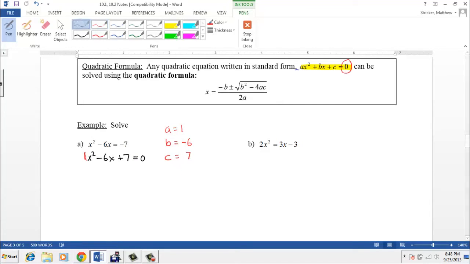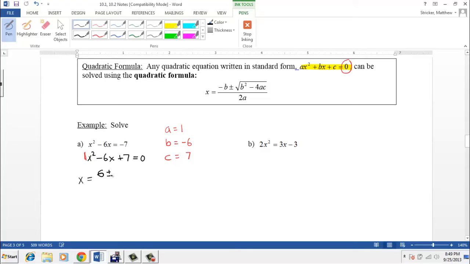And so what we do is we just take these three numbers and plug them into our formula. X equals negative b, or the opposite of b, and if b is a negative 6, that means we're going to write the opposite of that, a positive 6.